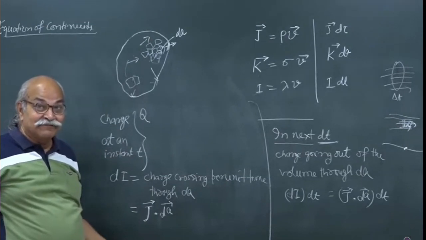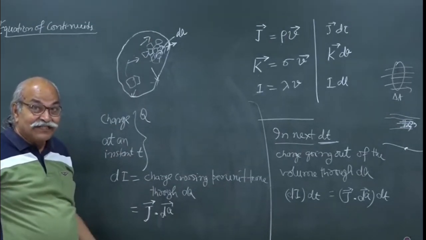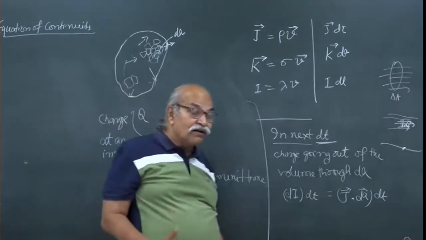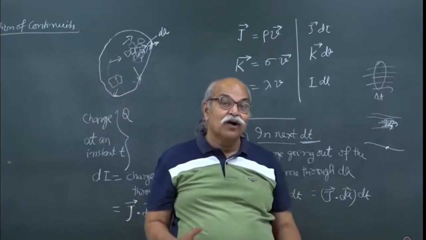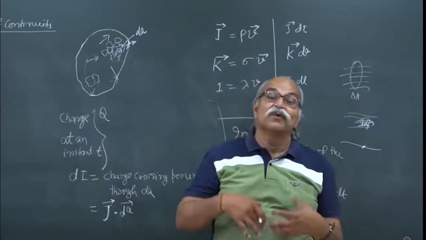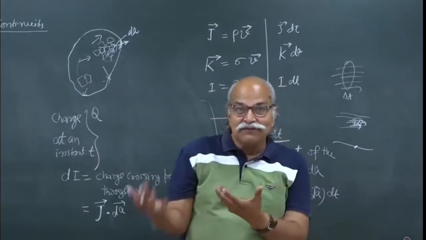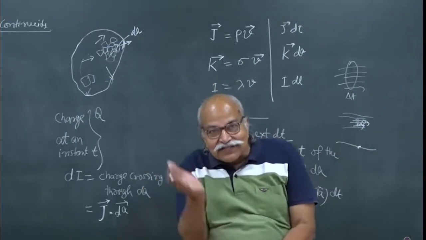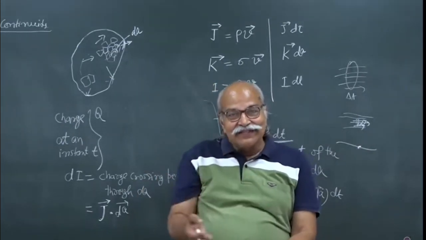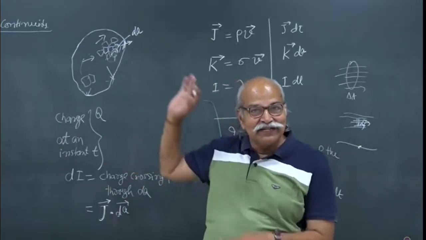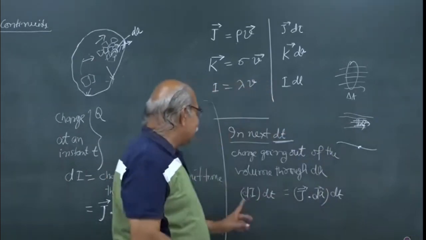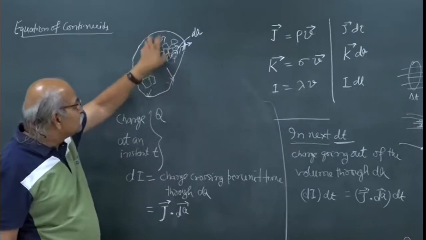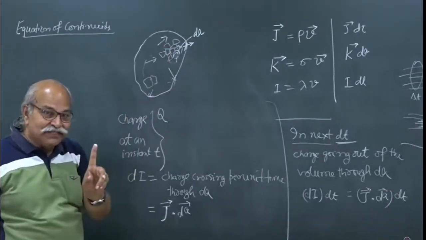What does this give? This gives me the total charge that has gone out from this volume. Charges will go only through the surface, and if I have already considered the entire surface, then it will be the total charge which has gone out of this volume in time dt.